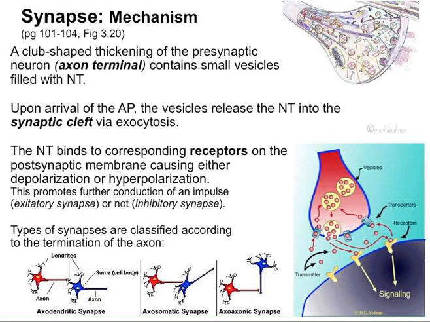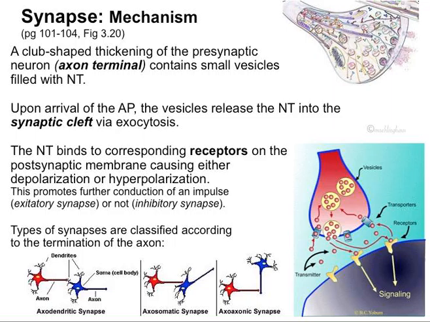And then the neurotransmitter will bind to a receptor on the corresponding area, which receives that specific chemical, on the postsynaptic membrane. That causes either a depolarization, a stimulating impulse, or a hyperpolarization, which is an inhibitory impulse.